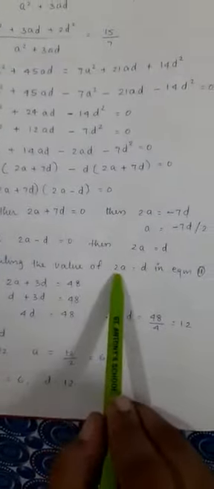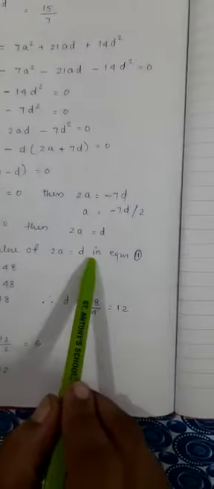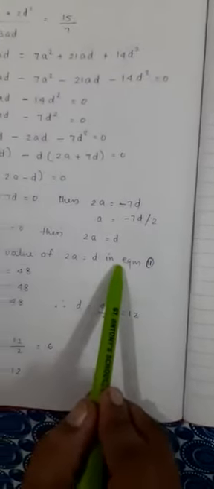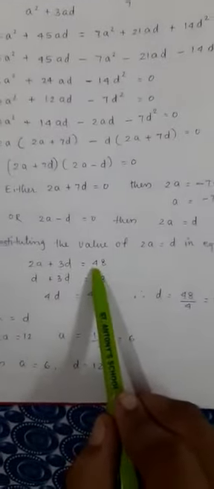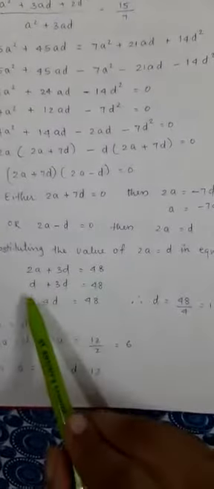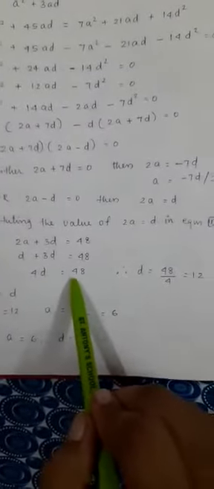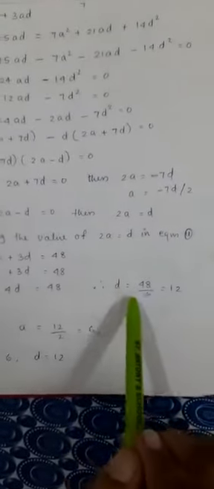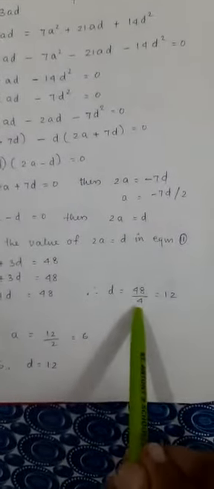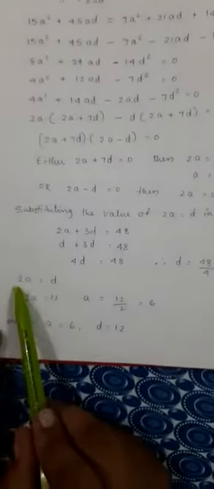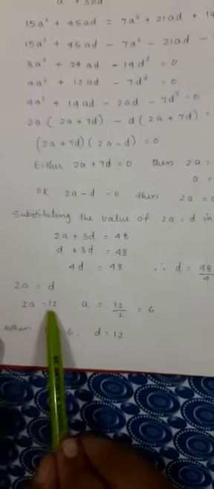Substituting the value of 2a is equal to d in equation number 1. Equation number 1 is 2a plus 3d is equal to 48. That is d plus 3d is equal to 48. 4d is equal to 48. Therefore, d is equal to 48 divided by 4 equal to 12. 2a is equal to d. That is 2a is equal to 12.